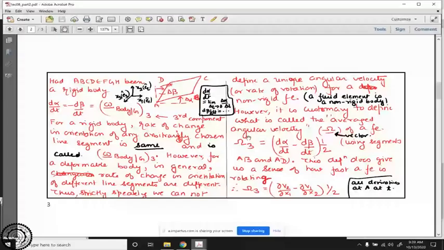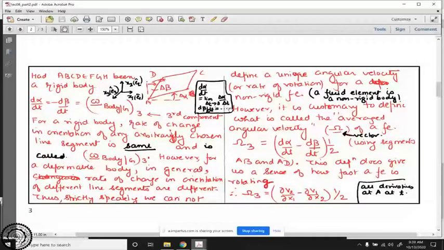d alpha dt is nothing but the limiting value, as delta t goes to 0, of delta alpha by delta t. So I hope you accept this statement that if the body was rigid, first of all, delta alpha and delta beta must have opposite signs. They can't collapse; they have to move in the same direction. The way I have drawn it, delta beta should be minus delta alpha, and in the limit of delta t, this should be the same.